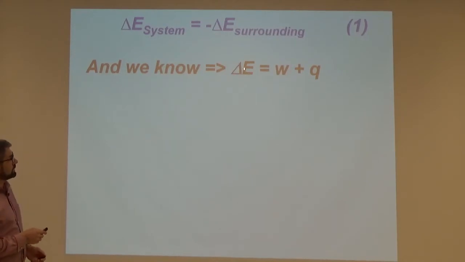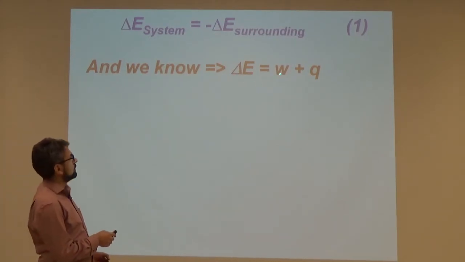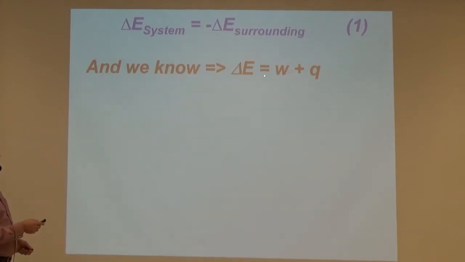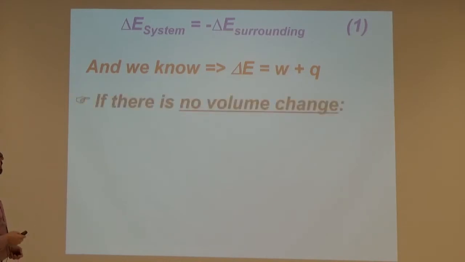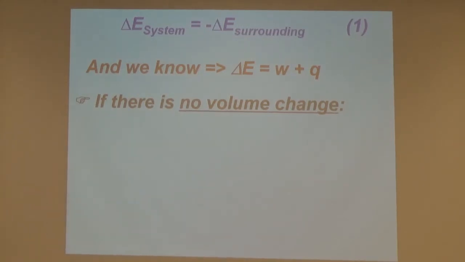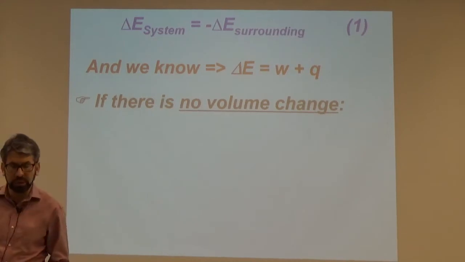And we know delta E is equal to work plus heat. So wherever I have delta E, I will replace it by work plus heat. If there is no change with volume, in that case, delta V will be 0.